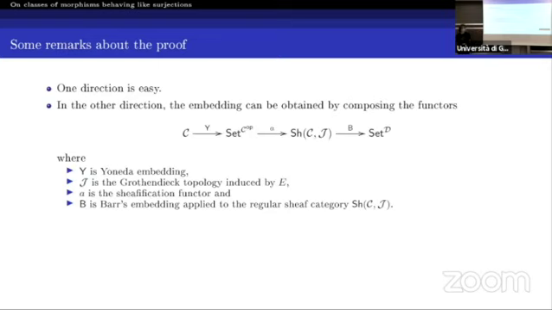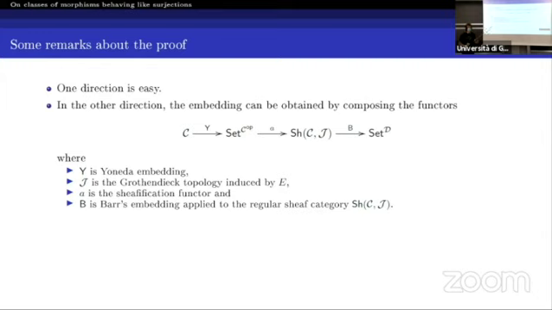Now for the other direction, there is a proof that has been told to me by Zurab Janelidze, which basically goes as follows. Firstly, you embed C into the presheaf category by Yoneda. That's well known. Then the class E of morphisms in C induces a topology on C. And so you can describe the topos, the sheaf category associated to that topology, and you have the sheafification from the presheaf category to the sheaf category.